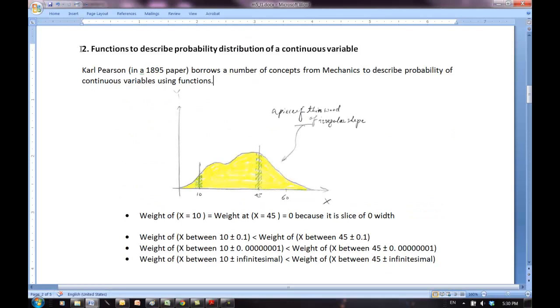We'll next talk about how to use a function to describe probability distribution for a continuous variable. In his 1895 paper, Karl Pearson, a founder of modern statistics, noticed that the problem we are dealing with, probability distribution for a continuous variable, resembles another problem in mechanics.